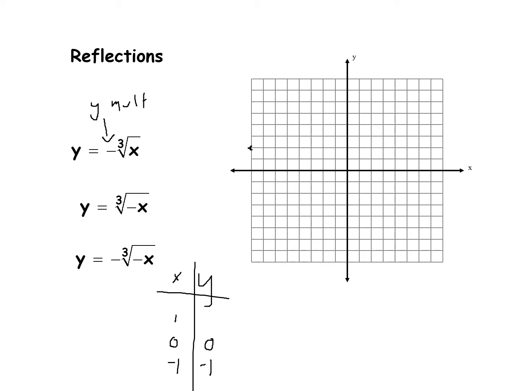If I put in a +1, this would become -1. I'd get out a -1, but then this negative would make it positive. So you can see what's happening is that if I have the two negatives, I'm just going to have my original function as if there were no negatives in there at all. So it's just going to be my normal cube root function.